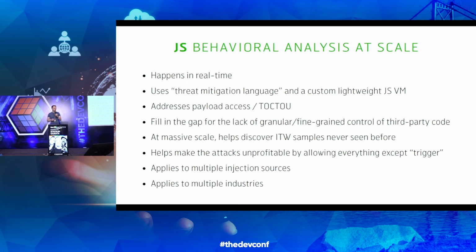Make the attacks harder to profit from, because if we execute a part of this but only block the bad part, the attacker has to still spend time on creating the payload, executing all the other things, getting into this page, but not getting the result, which makes it unprofitable. There is no 100% security in anything, but if you make it unprofitable for the attacker to try and achieve some things, then they would go to the next place where it's easier, cheaper, faster, right? So that is the goal here.